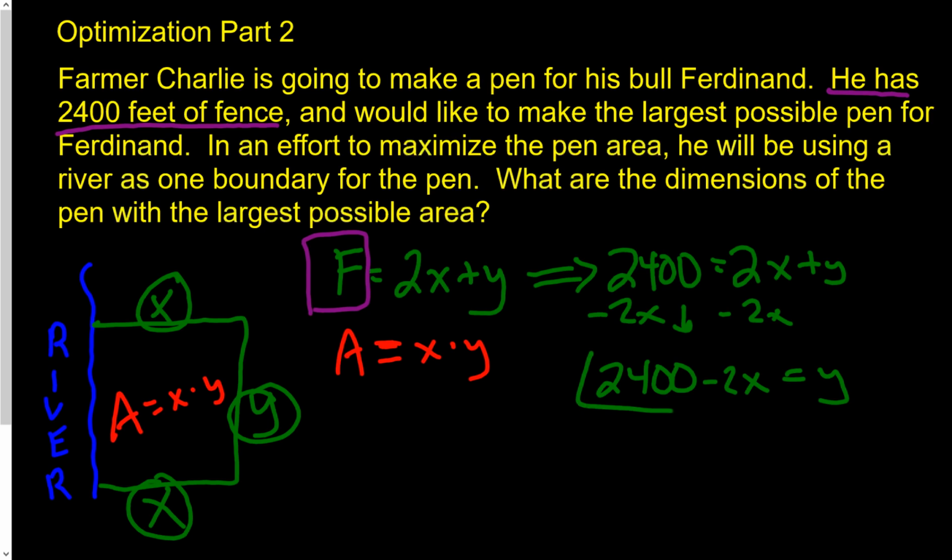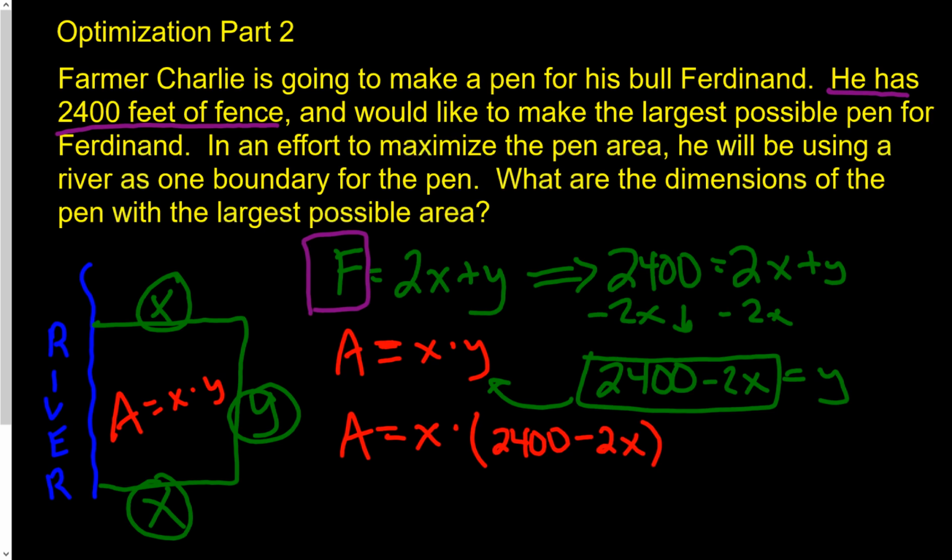And so I know that this stuff will equal y. Then I can plug it into the area formula to find the maximum possible area. So the area is going to equal x times 2,400 minus 2x.